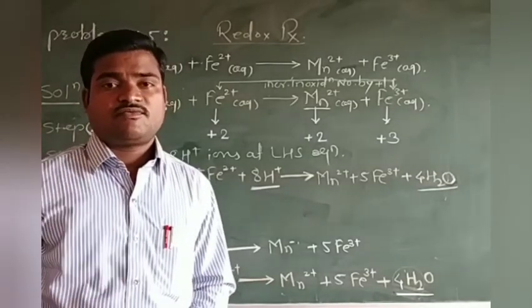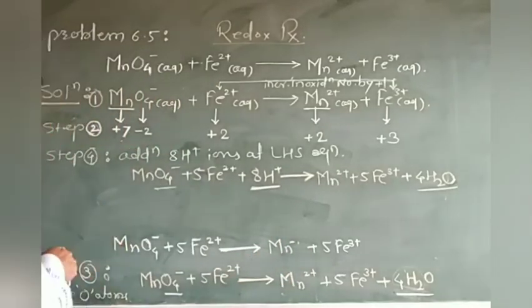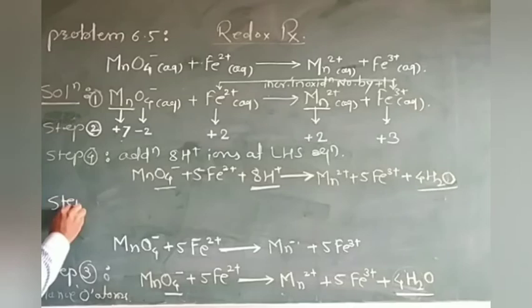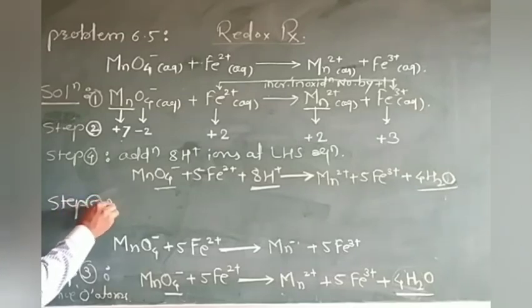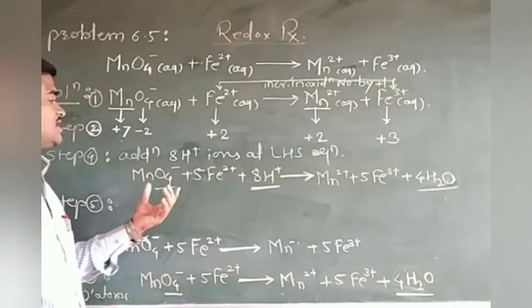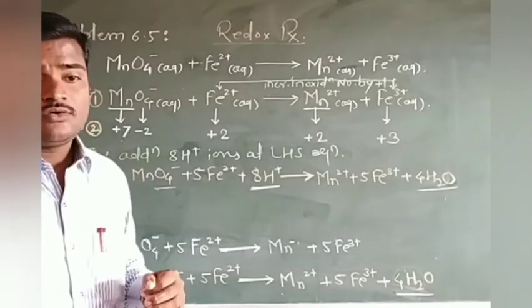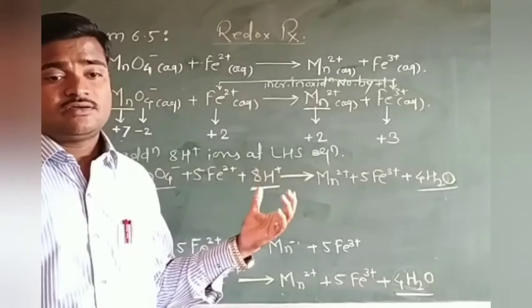In step number 5, what we have to do is only observe. In step 5, you only have to observe whether the given redox reaction is now balanced or not. Only you have to check it.